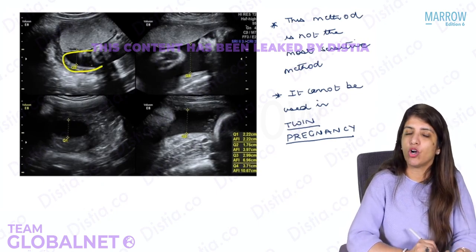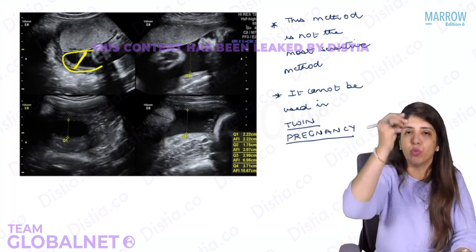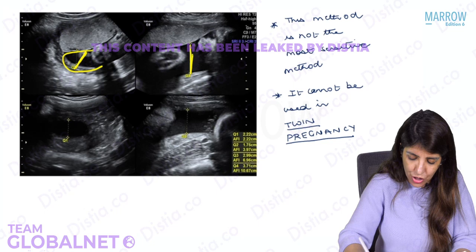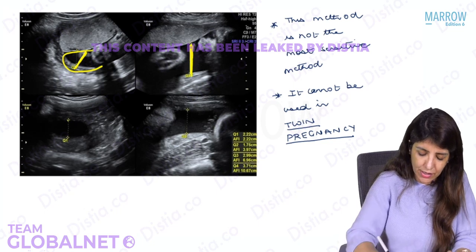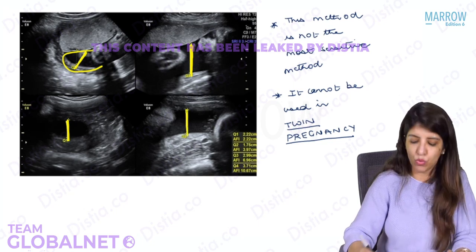Now, in this amniotic fluid pocket, I am going to measure the largest diameter. The largest vertical pocket I am going to measure. Over here, this is the largest vertical pocket. This is the largest vertical pocket, and this is the largest vertical pocket.